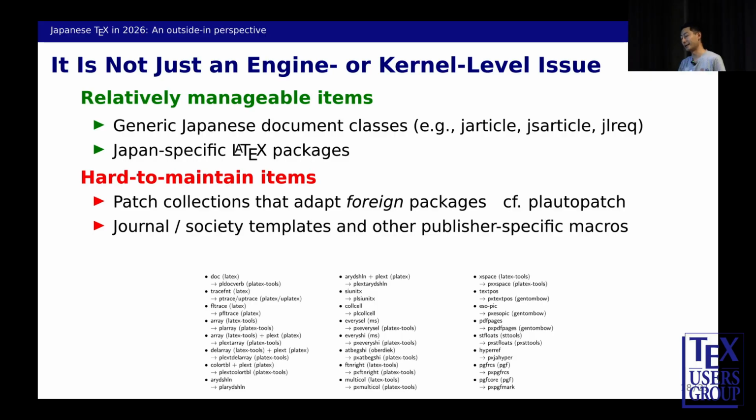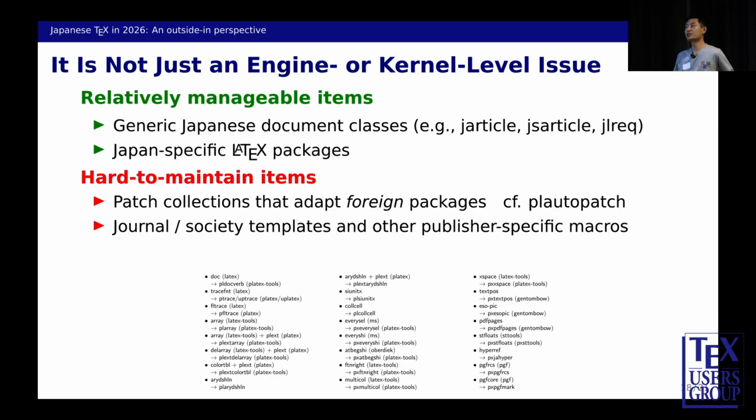fine because they are maintained by well-trained Japanese TeX developers. But the bigger problem is the journal or society templates, which are basically developed and maintained by amateurs or just normal users, I mean, in the publisher or some researchers.